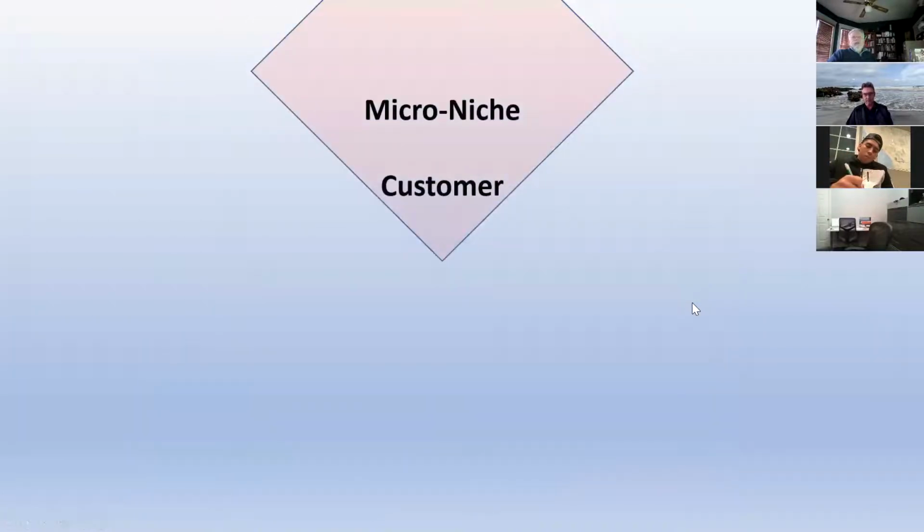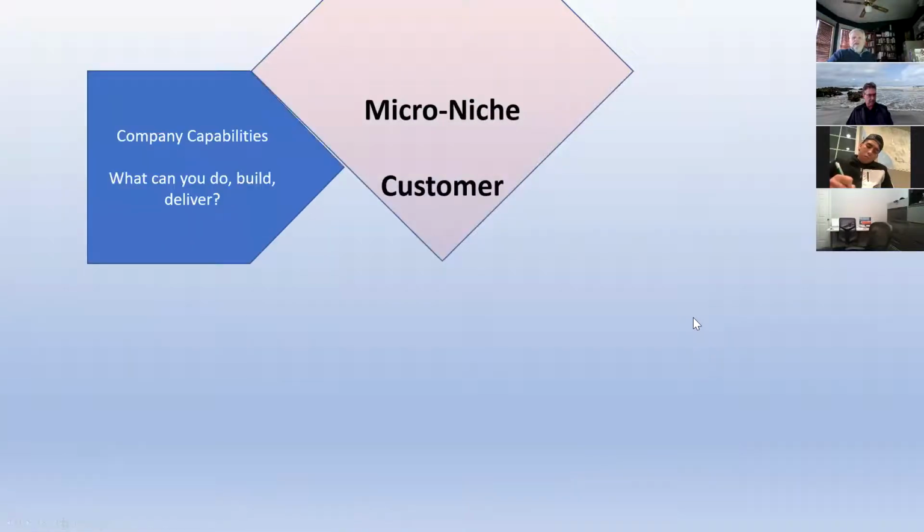Okay, so when we look at the micro niche and it's customer centered, what we want to do is have a juxtaposition now of your company capabilities. That is, what can you do for a customer? What can you build? How can you deliver it? What is it going to be that your company does, that you're an expert at, so that you can be considered an expert and an authority in your business.